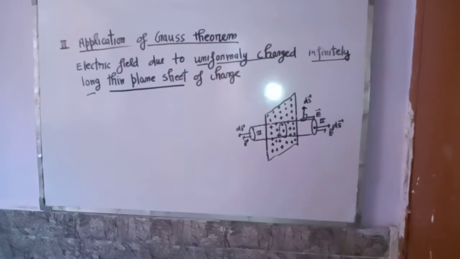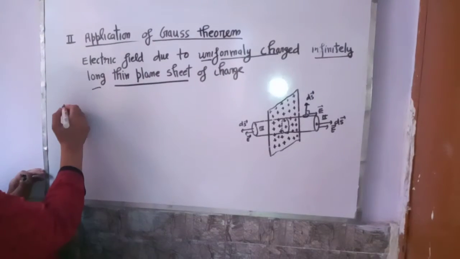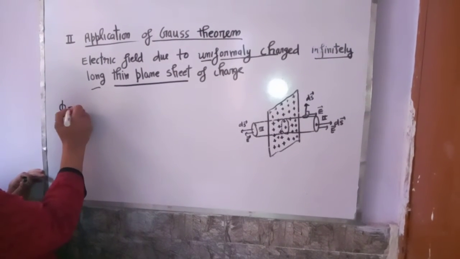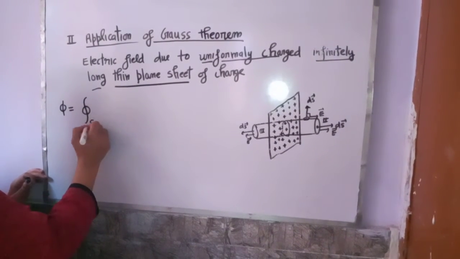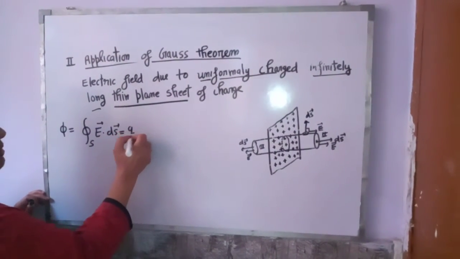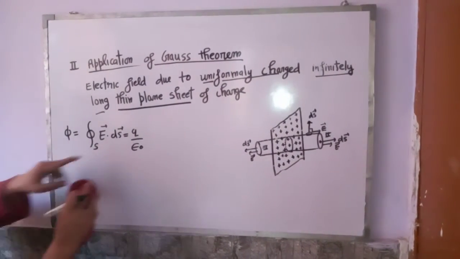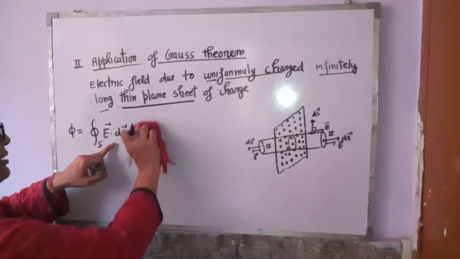Now, how can you determine the value of the electric field? You know, phi is equal to the closed integral of E dot dS, that is equal to Q upon epsilon naught. First, we take only this expression, E dot dS.